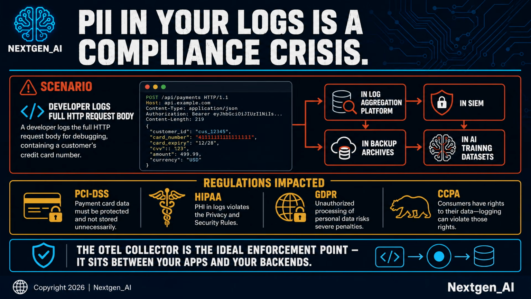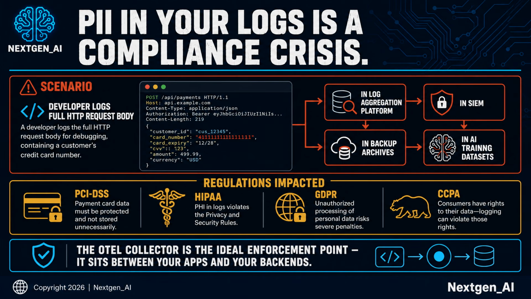If this sensitive data reaches your observability backend, you have triggered a massive compliance violation. Splunk, Dynatrace, and Grafana are not designed to be secure vaults for regulated data. They are analytics platforms accessible by hundreds of engineers across your organization.